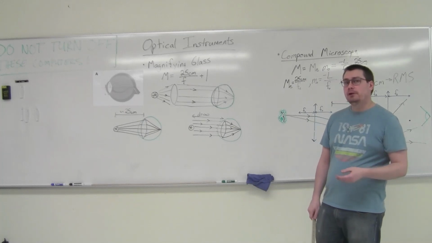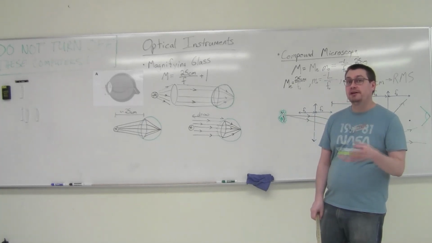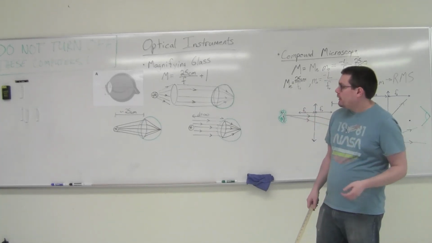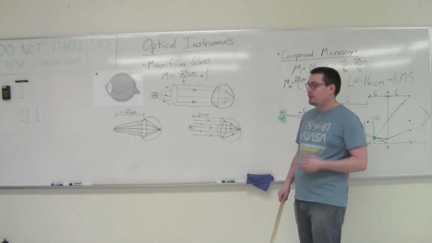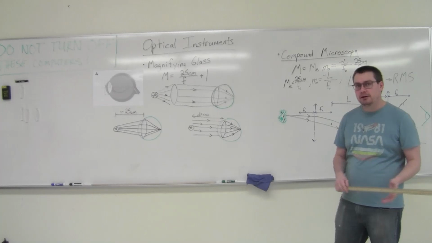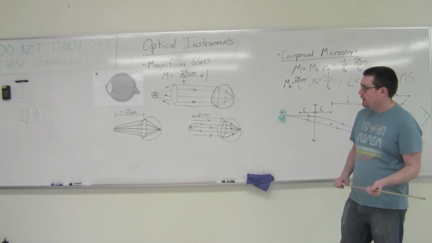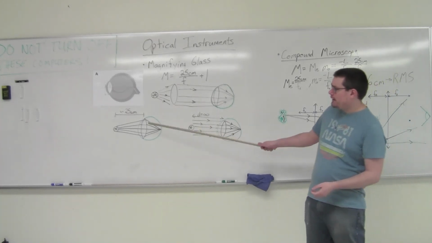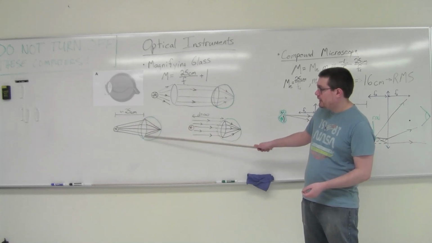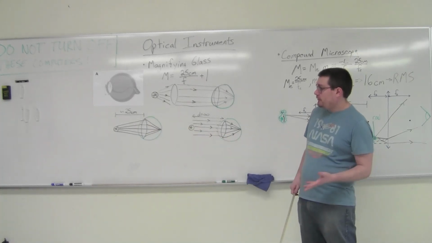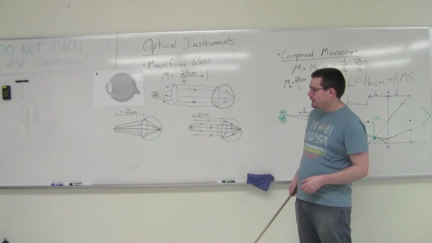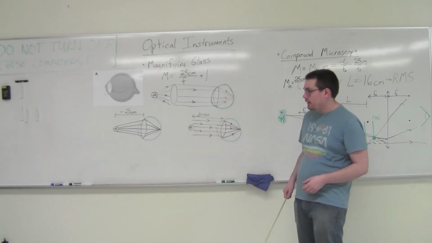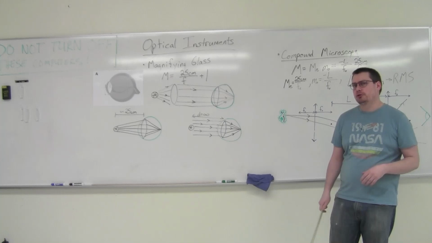So you'll notice when you're reading, there's a very comfortable reading distance, which is where you will normally place things you're trying to read. And that's about 25 centimeters, and it does change from person to person depending on lots of different variables. Your eye can adjust using muscles, which changes the shape of that lens, which can still reflect and refract the light to a focus point in the back of your eye. And this is if everything is working correctly.